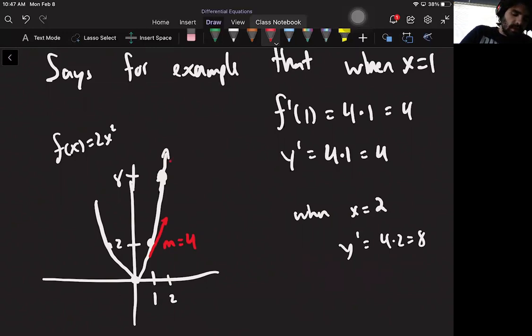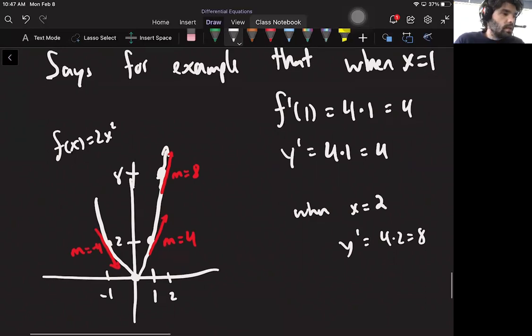It's 8, and that just means that the slope of this tangent line is even higher. So it's increasing much faster. And if I plugged in like -1, I would get -4, and that would tell me that it's going down at -1 at the same rate that it's going up over at 1. So that's how you interpret the derivative in a couple different ways.